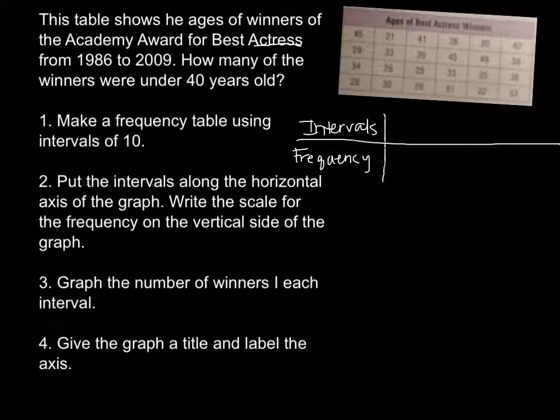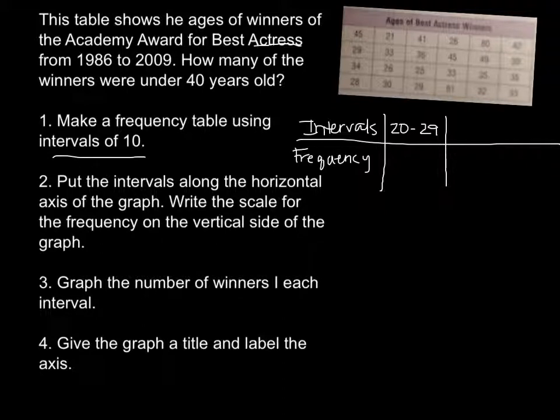Okay. So intervals, it says using intervals of 10. Okay, so I'm going to go from, well, it looks like the smallest number is 20. So 20, you're going to want to put 30, but if we count them out, 20, 21, 22, 23, 24, 25, 26, 27, 28, 29, 29 is actually an interval of 10.